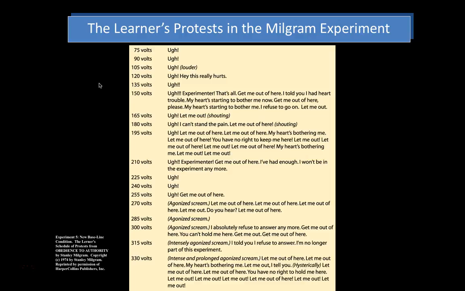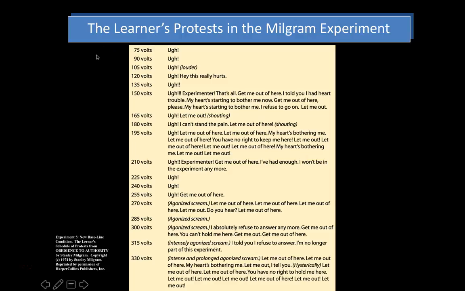But the subject doesn't know that the learner really is a confederate of the experimenter, who, once he's all set up in that room, gets released from that, and they set up a program tape recording, giving the responses that the supposed learner gives.